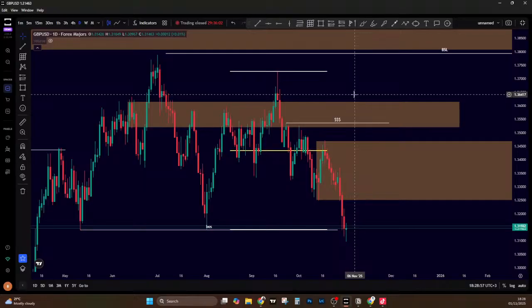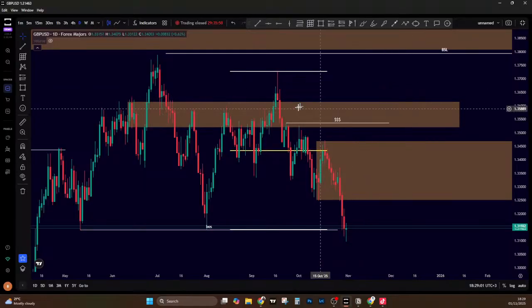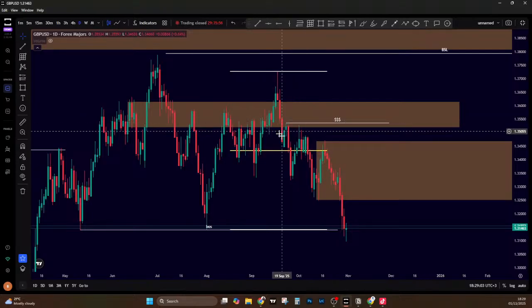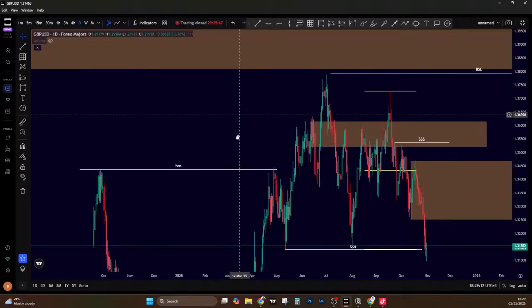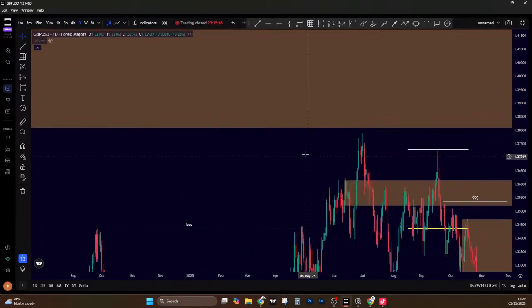So I would be waiting for this market to come to a POI above this liquidity. That is the highest I'll be waiting this market to come to.